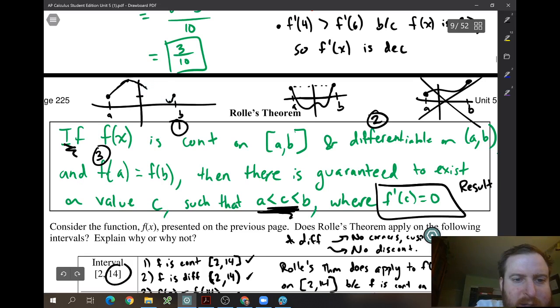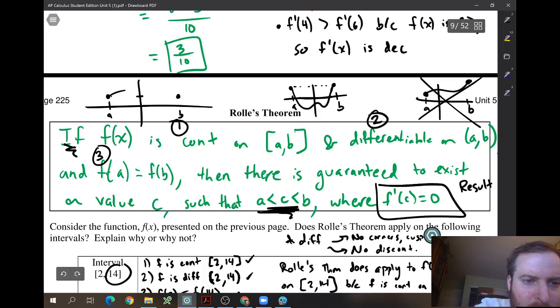But essentially, if it's continuous and differentiable, then when our graph goes up, it has to smoothly come back down. The reason it has to be smooth is because it's also differentiable. And so at that maximum value, that creates a horizontal tangent, which is where f prime of c equals 0. So that's why Rolle's theorem works.